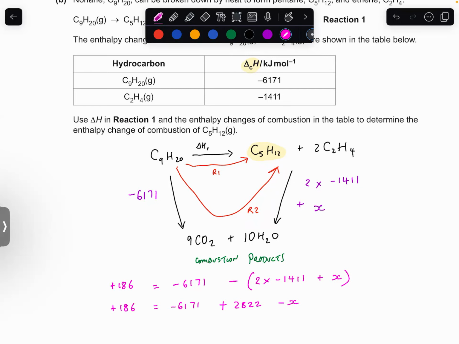So plus 186 plus 6171 minus 2822. That gives us x is equal to... wait a minute. Minus, bring that to the other side.